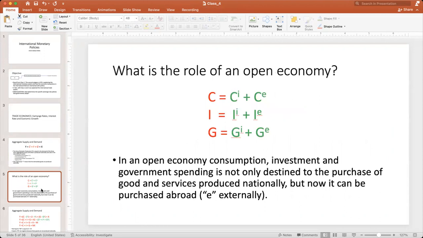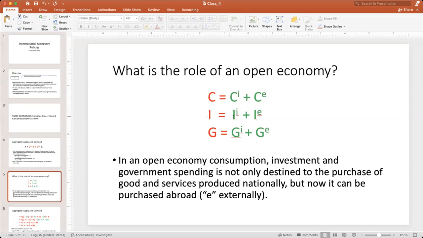However, in an open economy, not all the consumption, the investment, and the government spending is produced domestically. In fact, households, firms, and governments could buy some of the goods and services from abroad. So the total consumption, the total investment, and the total government expenditures is the sum of the consumption produced domestically and the consumption of goods produced from abroad, as well as the investment.